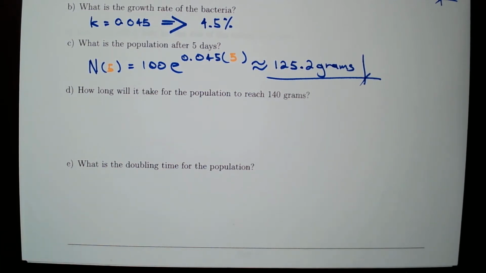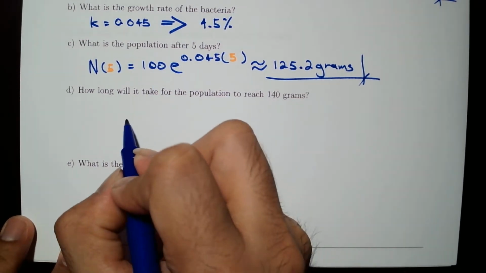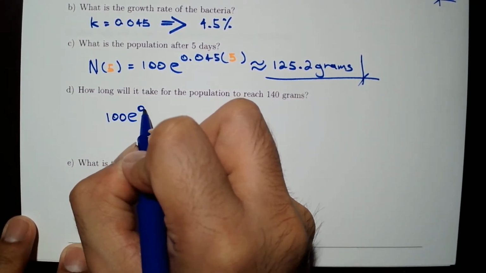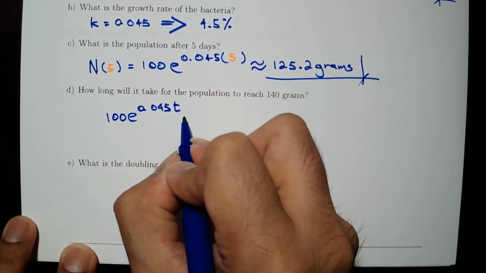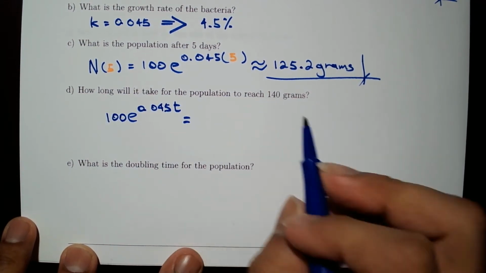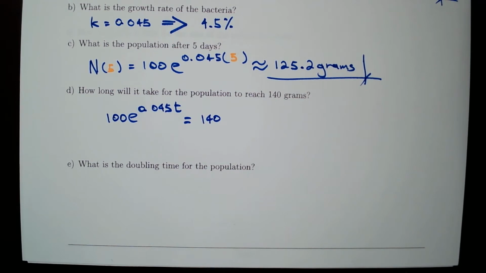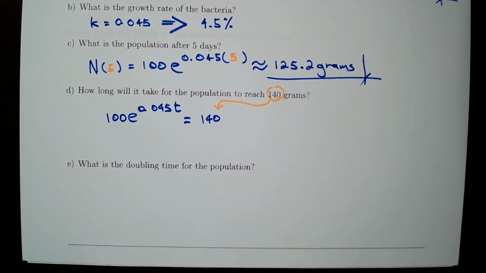Now let's see, how long will it take for the population to reach 140 grams? In this case, we're not plugging in for t. We are actually setting the function 100 e to the 0.045t equal to 140, and then solving the equation for t.